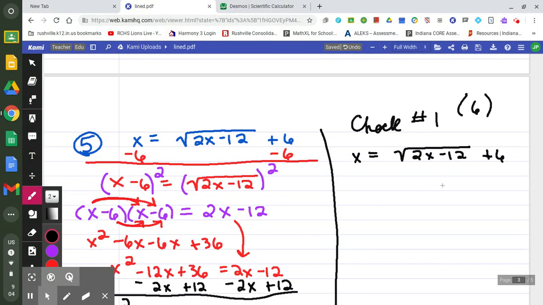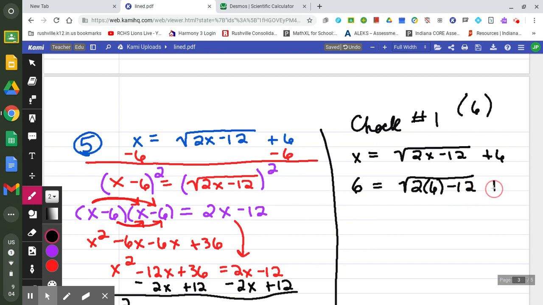So my first check, I'm going to be checking to see if 6 works. So for the x, I'm going to put a 6. And then for this x, I'm going to put a 6. And then I'm just going to simplify.